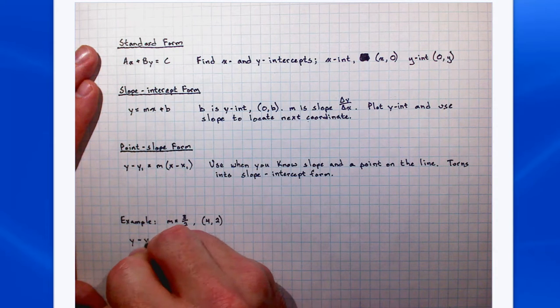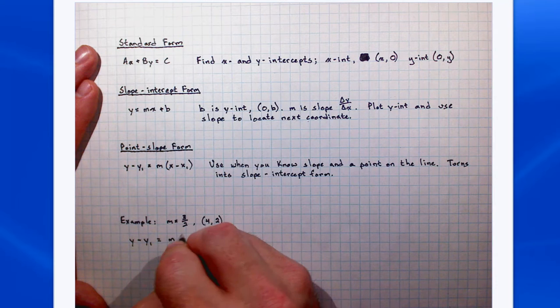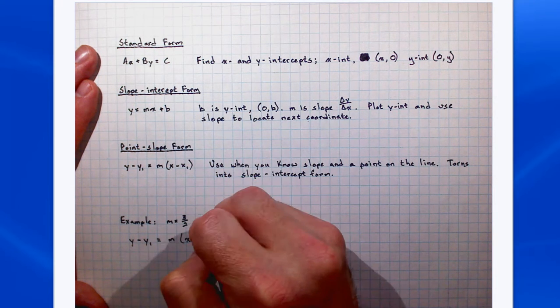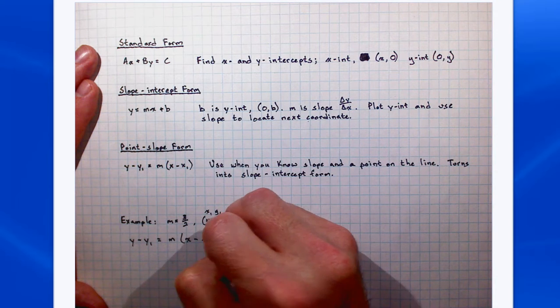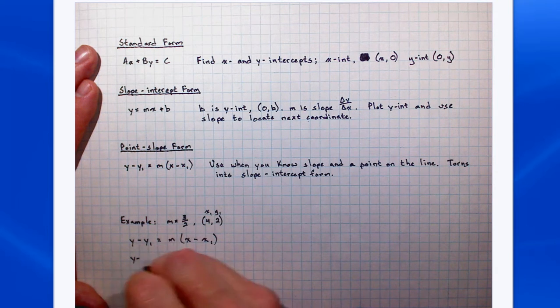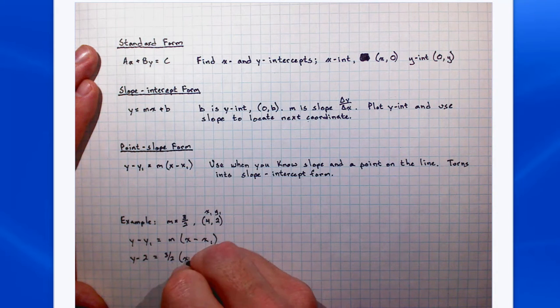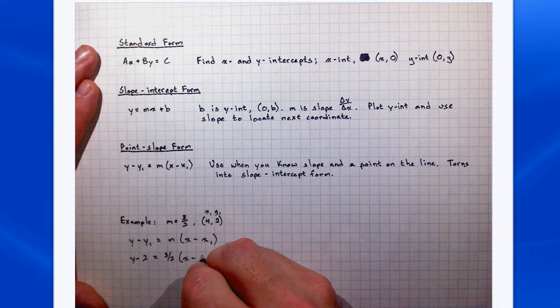Y minus y sub 1 equals m times x minus x sub 1. X sub 1, y sub 1. So y minus 2 equals 3/2 x minus 4.